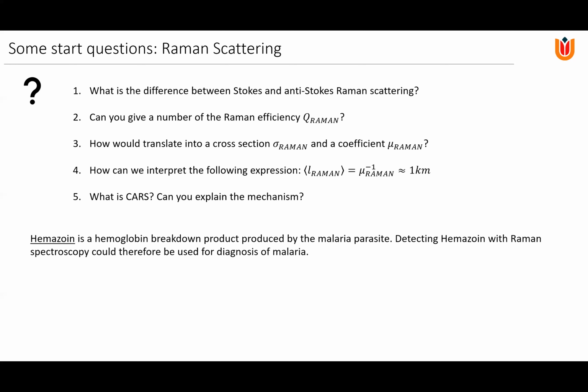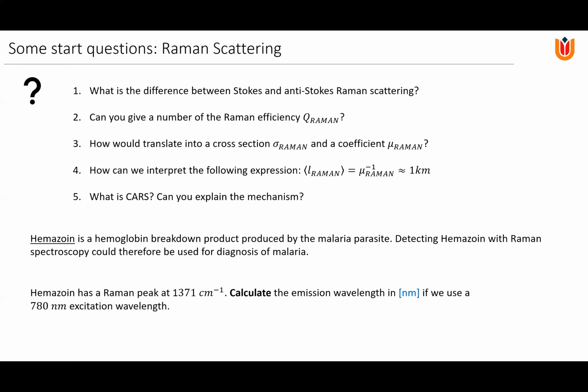People have researched for quite a few years now to do that with Raman spectroscopy: to make a small setup or a microscope that you can put in a clinic somewhere in a country that is infested, take a little blood prick, a little drop of blood, and see if the hemozoin is present there. And then you would diagnose it.